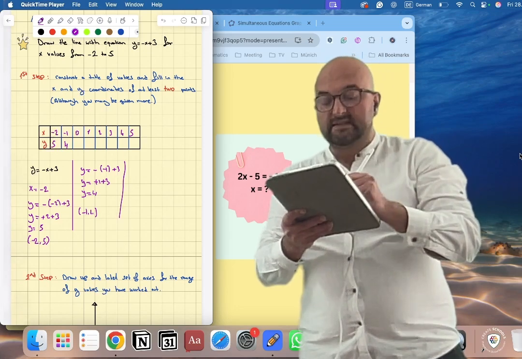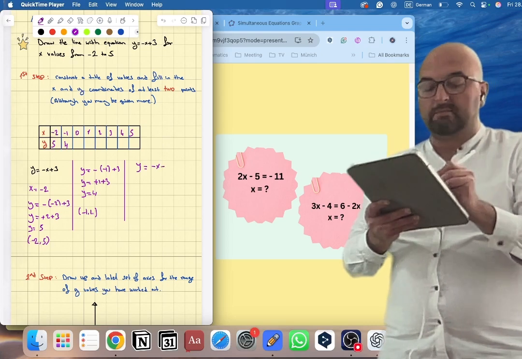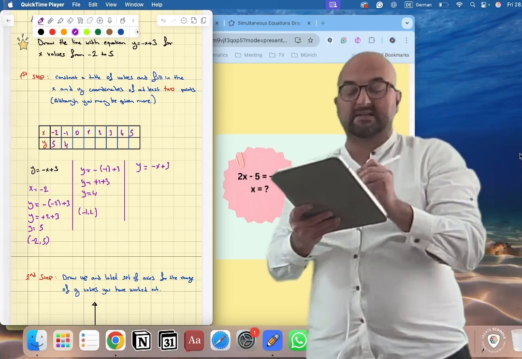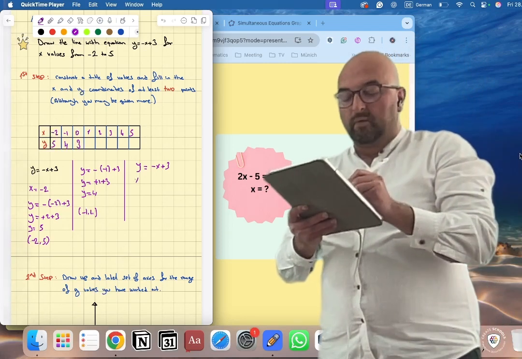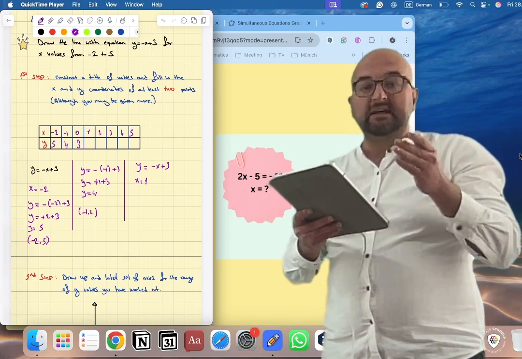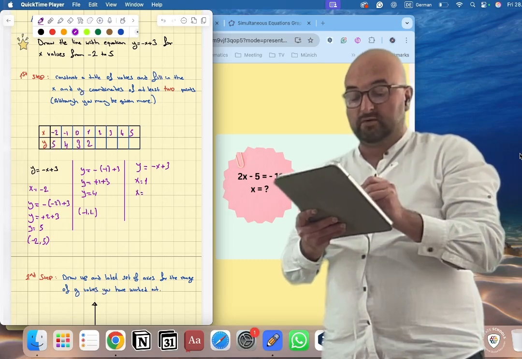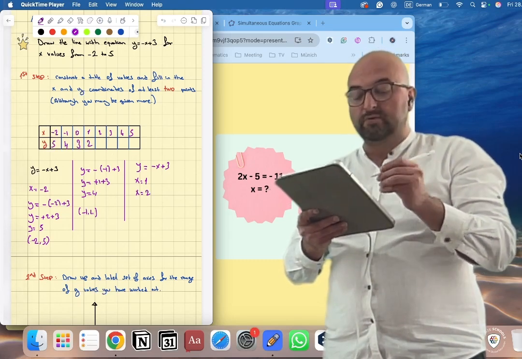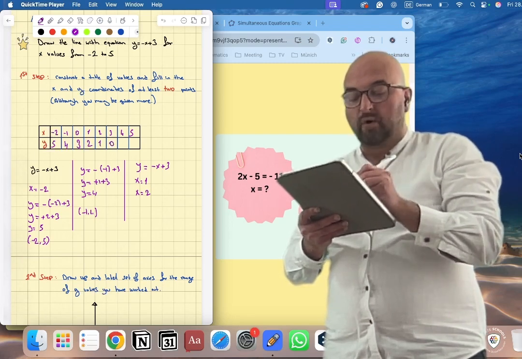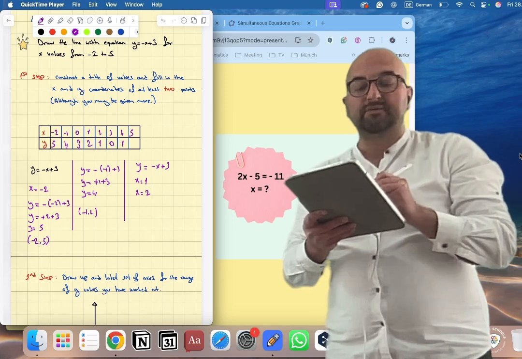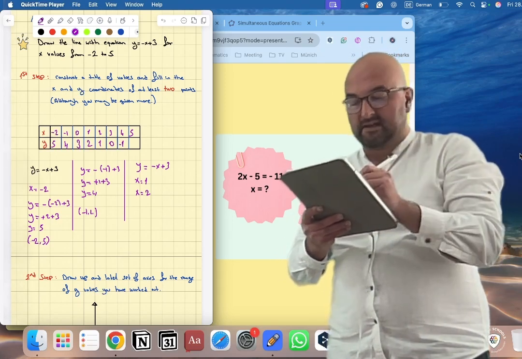If you write 0, replace x, y equals 0 minus 0 plus 3, so it means 3. And if you write 1, replace x, y equals minus 1 plus 3, which is 2. If you write 2, replace x, minus 2 plus 3, and so on for the remaining values.